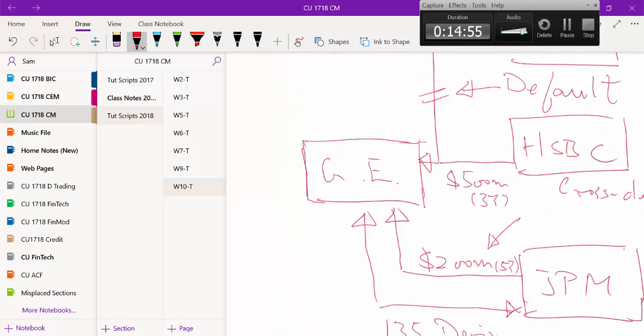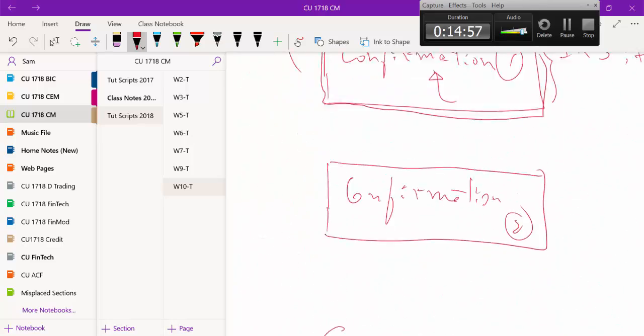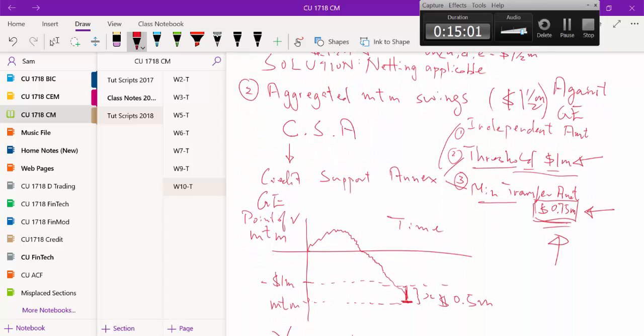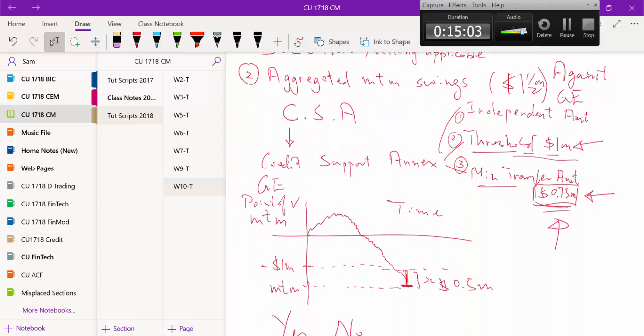So bankers are worried about that, which is problem number 2. Even the aggregated mark-to-market can swing substantially.